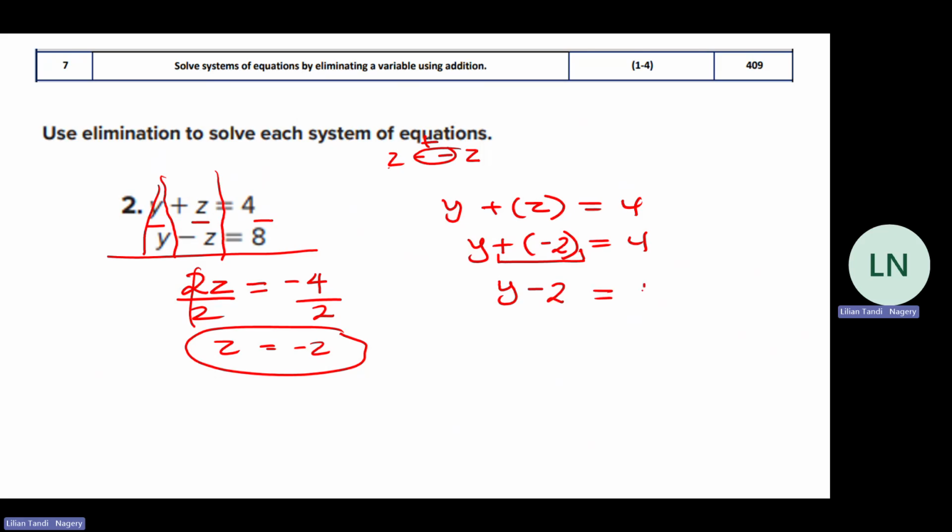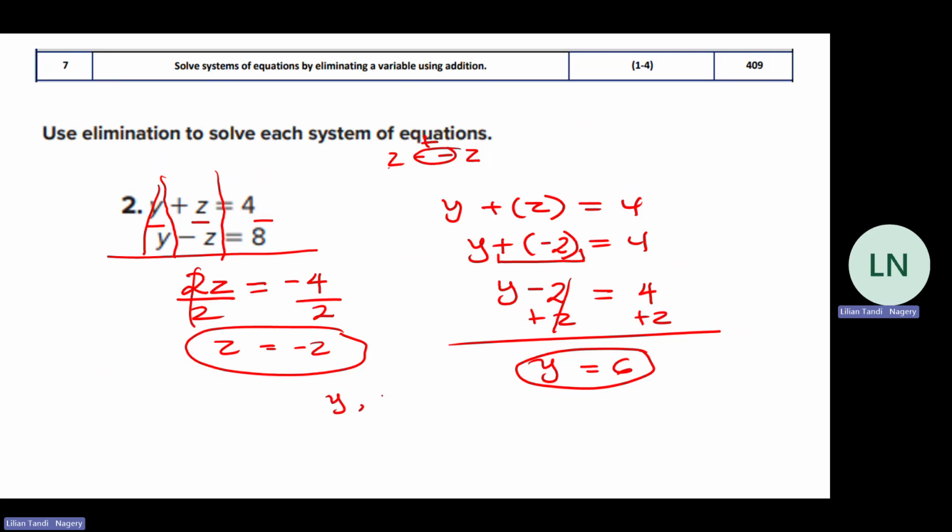Y minus 2 equals 4. Then this will become positive 2 on both sides. This goes away, y equals 6. Then I will write my answer. Y comes before z. Y is 6, z is negative 2. And this is my answer.